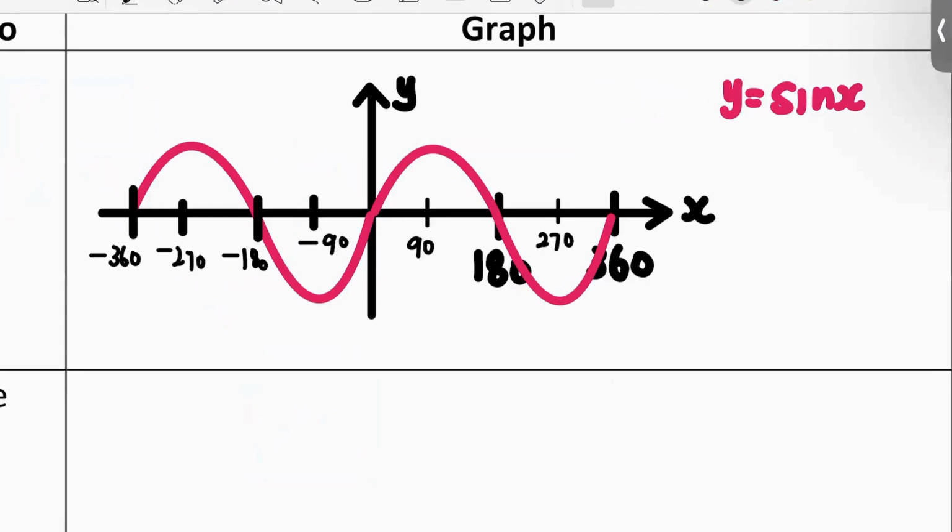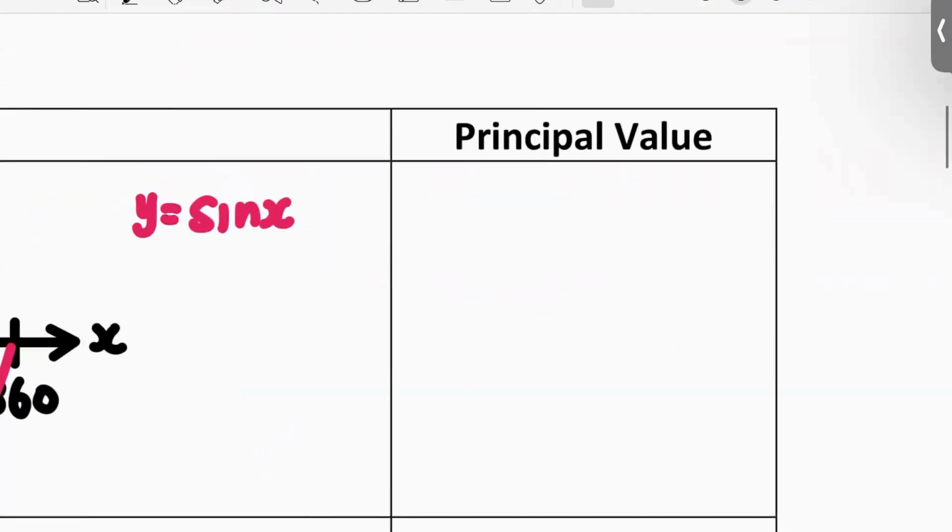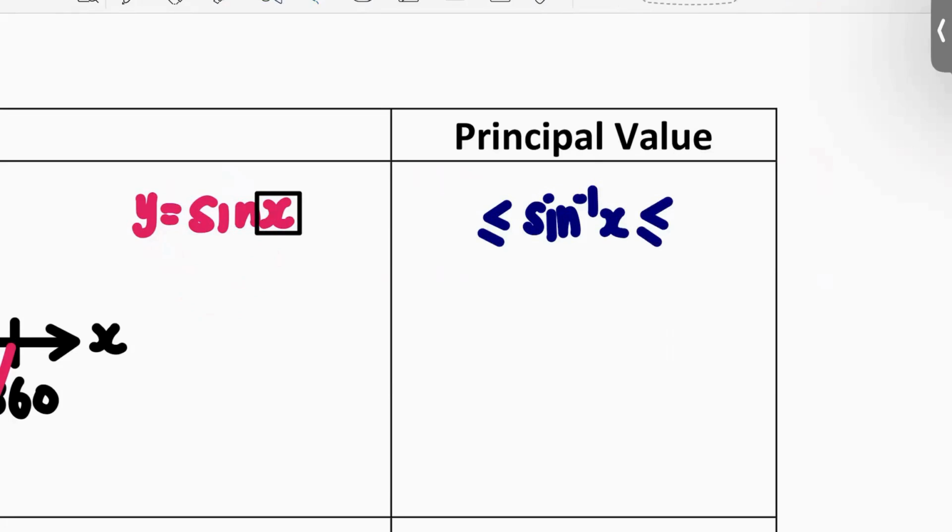So what is the meaning of principal values? What we want to do is find the x values. How do you find the x value? You always bring over the sine, so it becomes sine inverse x. It will be inclusive, like what's the maximum and what's the minimum it can be.